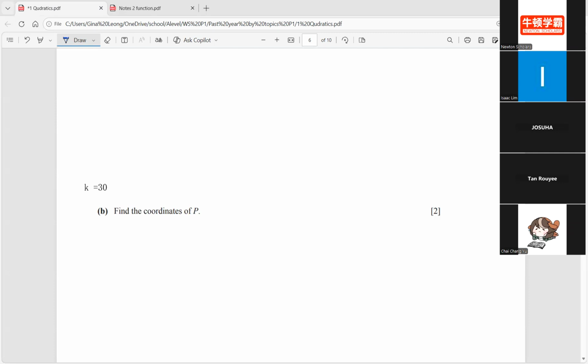Let me check. Which one you using? You're not using the intersection point. No, because you see, equation 1 is x plus 5, right? Equation 2 is 2x squared plus 3y squared equal to k. So you need to replace the equation. Yeah, I did that. But you should get 5x squared. Why you not getting 5x squared? Yeah, I got 5x squared plus 30x plus 45, right?